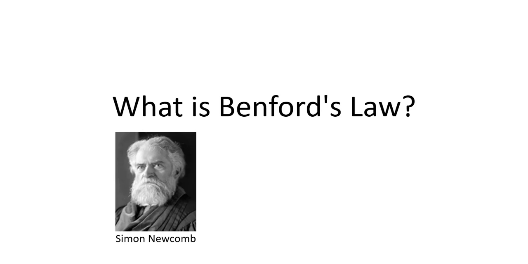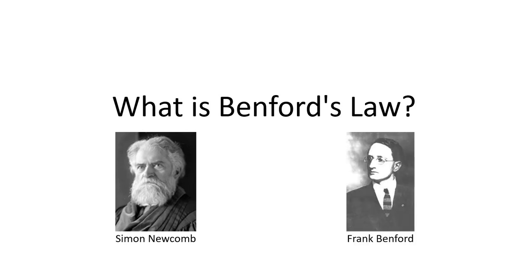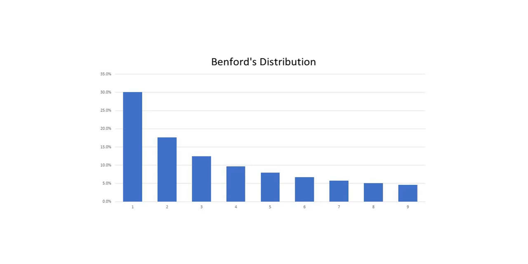Later in 1938, physicist Frank Benford presented the law of anomalous numbers formally in a paper, and Benford was eventually given credit for this discovery. This is Benford's distribution presented graphically. You can see the first digits across the horizontal axis at the bottom.